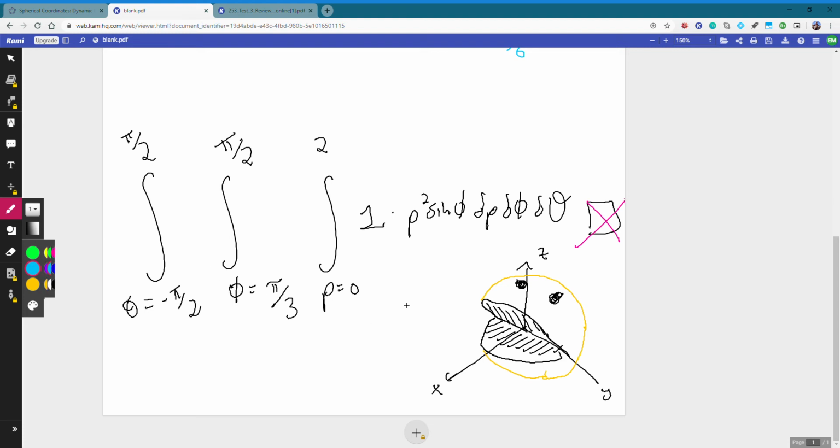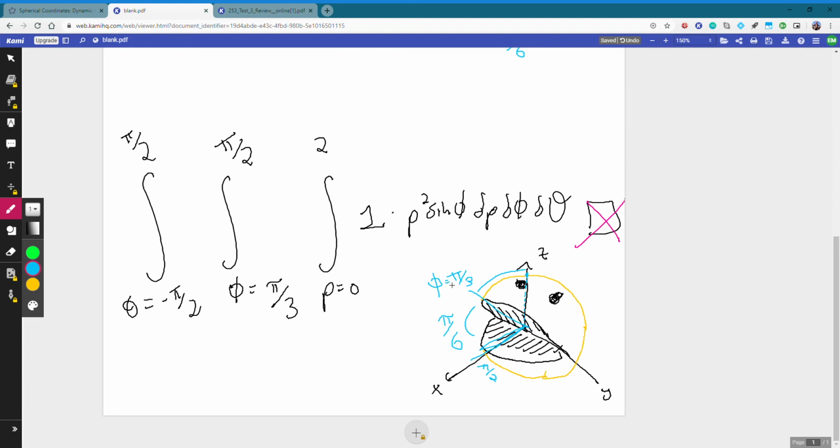So if this angle here is going to be pi over 6, then phi, which up on the positive z-axis is 0, needs to start at pi over 3, and then sweeping out pi over 6, it would end at pi over 2.